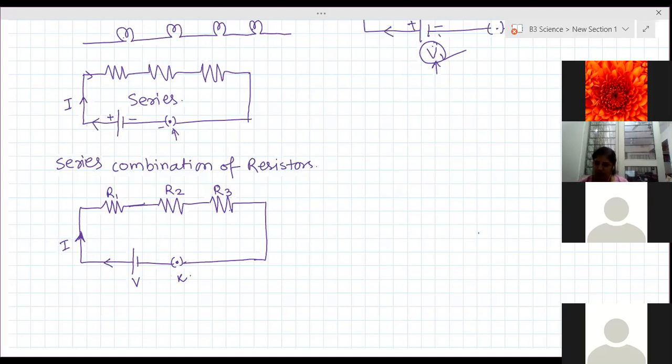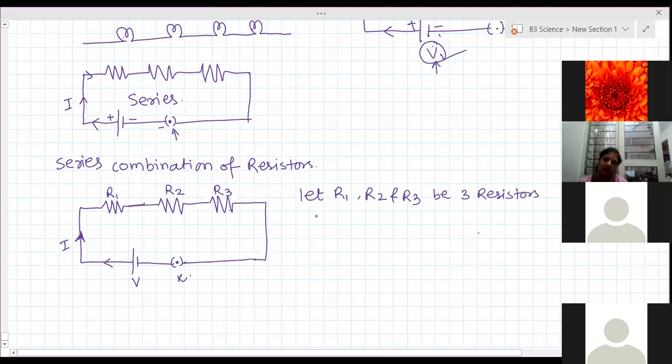Able to understand this point? Yes, ma'am. So here let R1, R2 and R3 be three resistors connected in series.